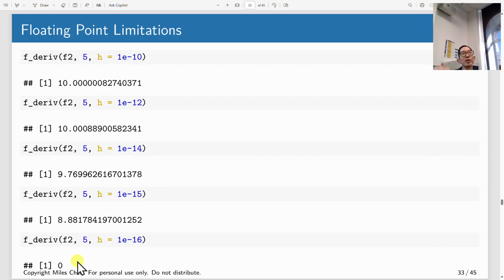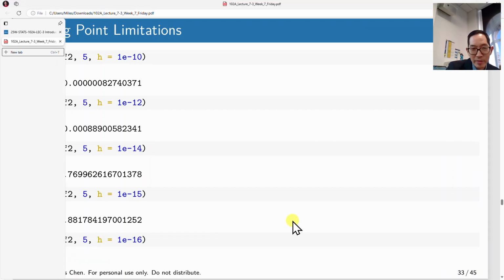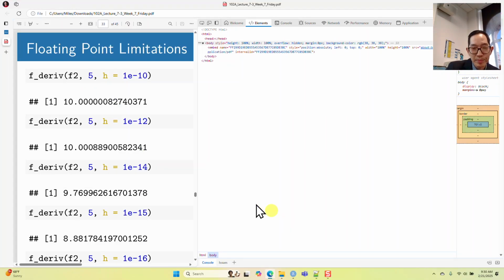So if I do 10 plus 10 to the minus 16 and 10 minus 10 to the minus 16, I think we've surpassed machine epsilon, and the computer can't really tell the difference between 10 plus 10 to the minus 16 and 10 minus 10 to the minus 16. Here, let me just verify that.